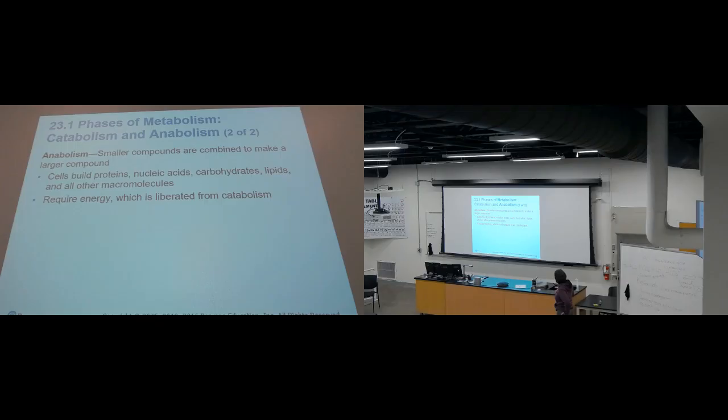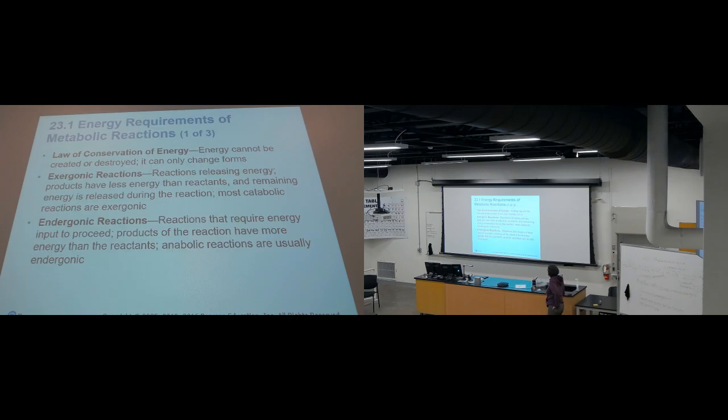So I already mentioned this, but anabolism can be used to form all of these macromolecules. Now, in metabolism, we take into consideration the law of conservation of energy. Energy is not created, nor can it be destroyed.